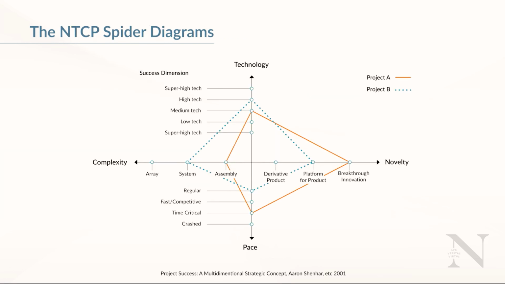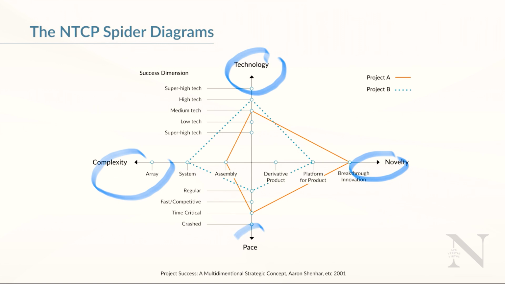Another type of project evaluation is based on the core characteristics of the project. Aaron Shenhar and colleagues considered 4 dimensions: novelty as a measure of innovation, technology, complexity of system scope and organizational challenges, and pace related to urgency of delivery.